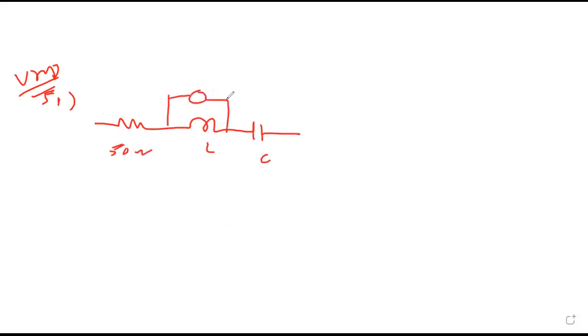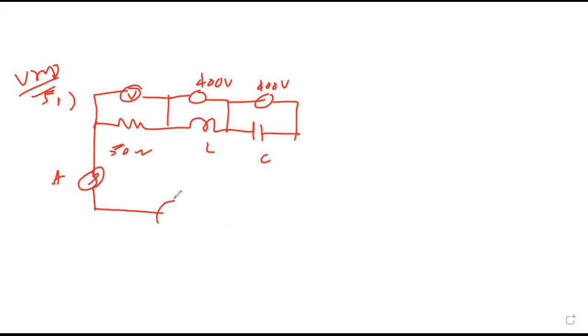51. In a series circuit as shown in the figure, very important sum. Voltmeter and ammeter will read what? RLC, 50 ohm. Here voltmeters are connected, recording 400 volt. This voltmeter reading we want. 100 volt, 50 hertz.